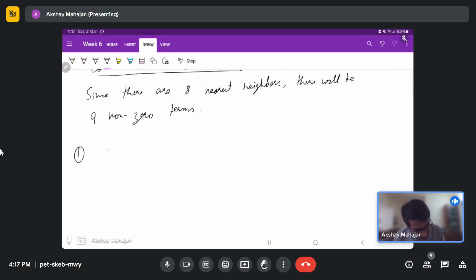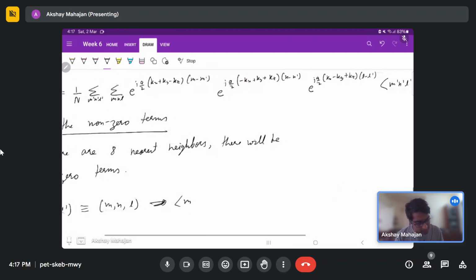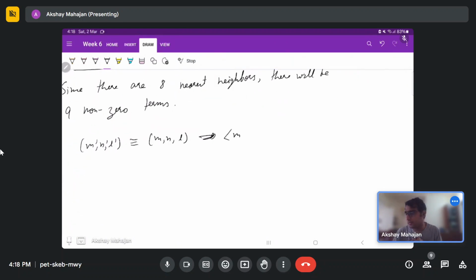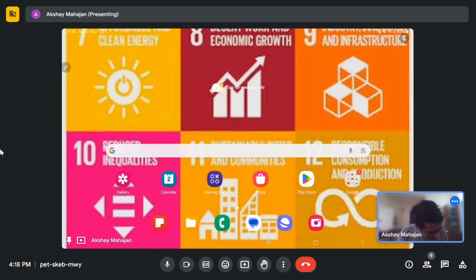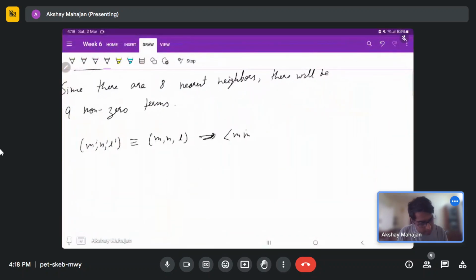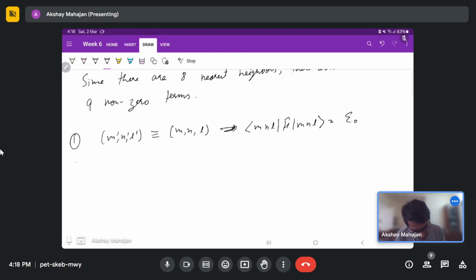So first we will get for m prime n prime l prime equals m n and l. In that case all these exponential terms will be 1, it will be e to the power 0, because m prime equals m, n prime equals n, l prime equals l, and this integral term, h cap m and l, that is the self energy epsilon naught, some constant.